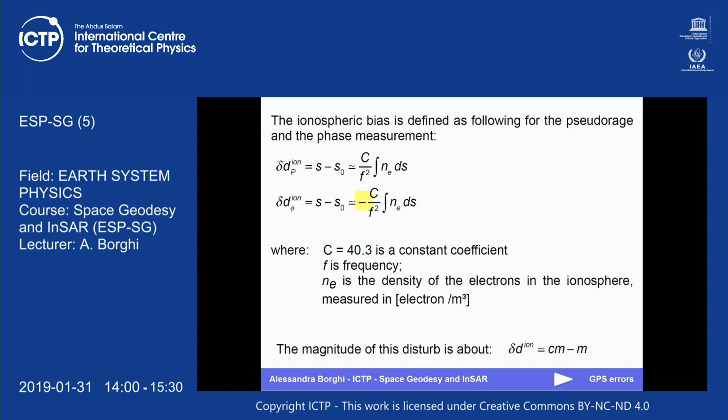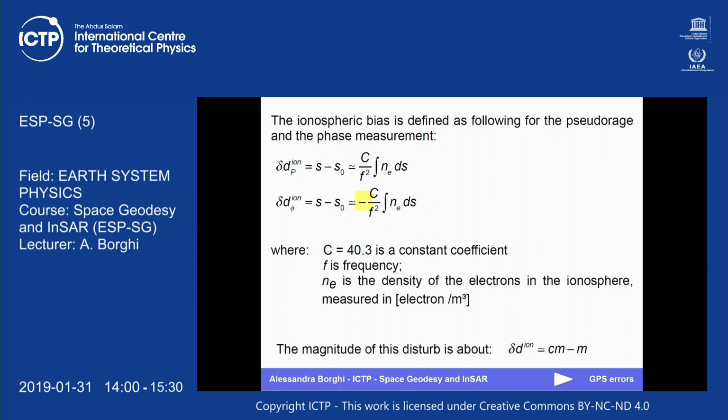And another important thing is that it depends on this quantity, the density of electrons in the ionosphere. But do you think that it is easy to obtain this information, to know how many electrons we have in the ionosphere? No, because it's really time dependent. It changes by day and by night. It depends on the sun's activity.